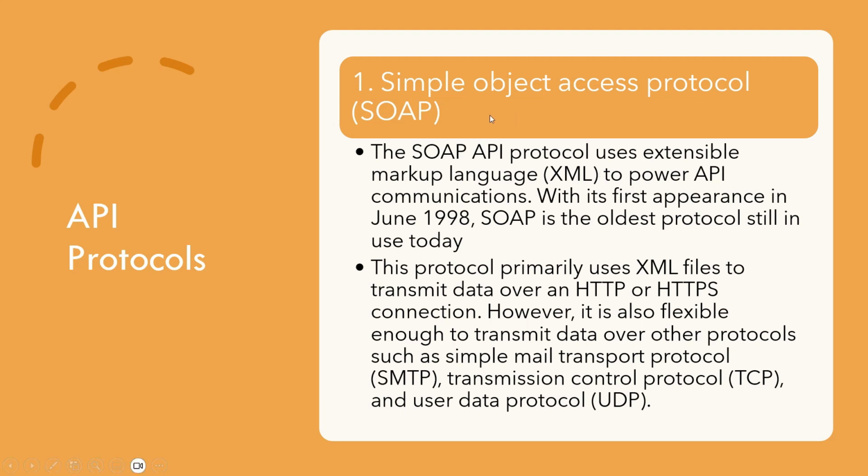But REST API, which we're going to see in the next slide, or RESTful API, can use XML and also use JSON. JSON is a kind of modernized language, but XML is an old language, and that is what SOAP uses. If we read through here, it says the SOAP API protocol uses Extensible Markup Language, that's what XML stands for, to power API communications. With its first appearance in June 1998, SOAP is the oldest protocol still in use today.